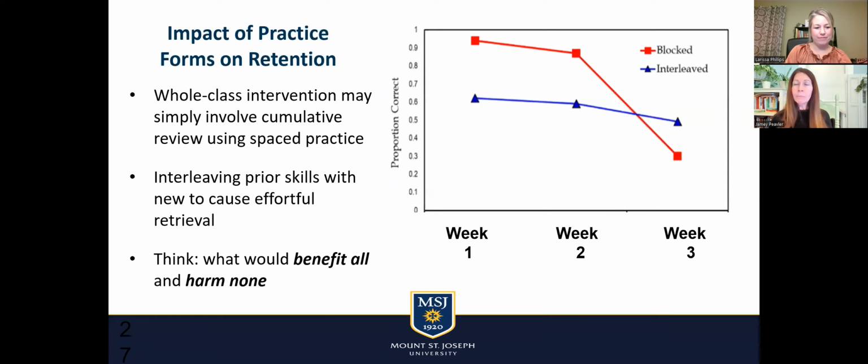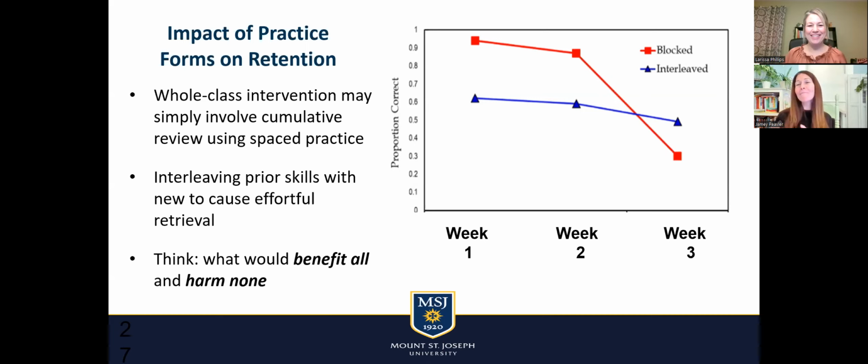So interleaved would be, I'm doing a couple of multiplication problems with regrouping, and then I'm going to come over here and ask, is this an isosceles or a scalene triangle? And then I'm going to move on and do a different geometry task. And then I'm going to come back to maybe division with regrouping. I don't even know if those are the right math terms anymore.